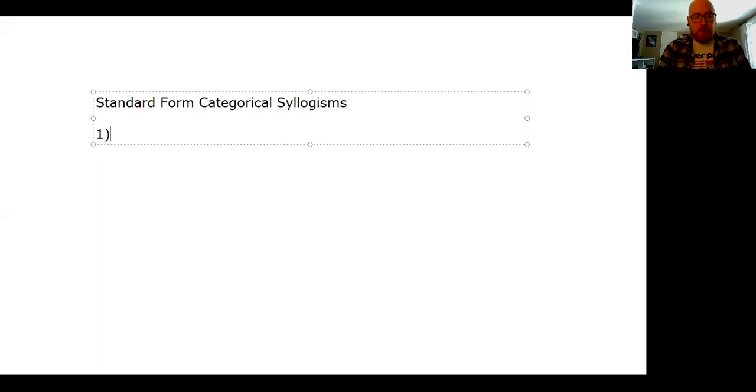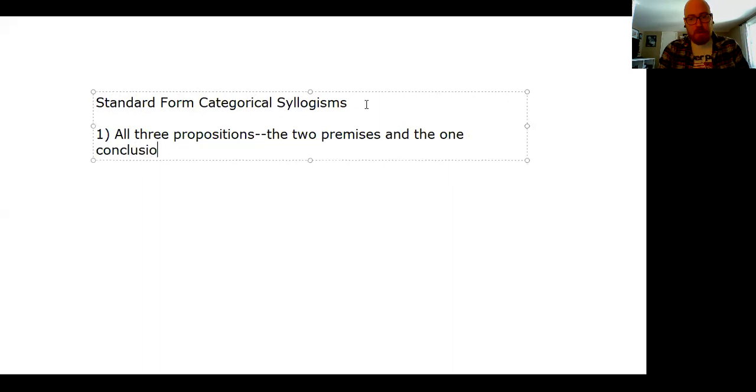Okay, so when we are talking about standard form categorical syllogisms, rule number one for standard form is this: all three propositions, so two premises and one conclusion, must be standard form categorical propositions.